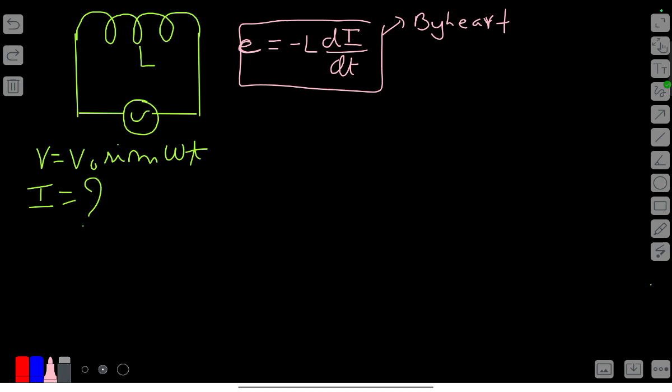A change in the voltage will help in the current getting induced. So we need the value of the induced current, right?